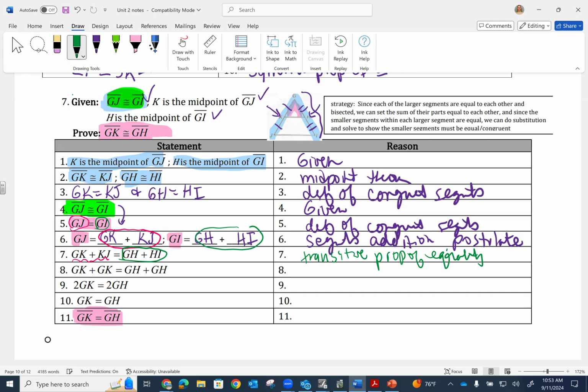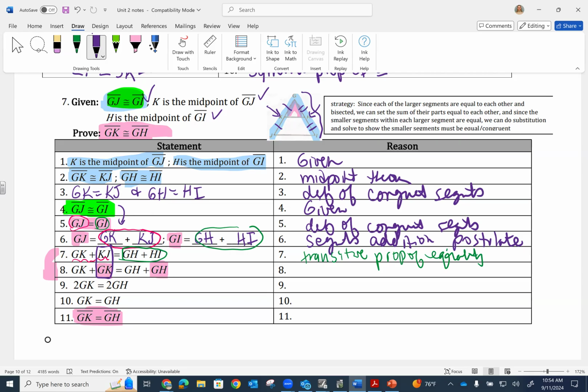Okay. And then the next question is, sometimes you ask, what did I do to get from this step to this step? Do you notice what's different? I notice that this is different. I also notice that this is different. How come I put GK instead of KJ? Well, look up here. We must know that these two are equal.